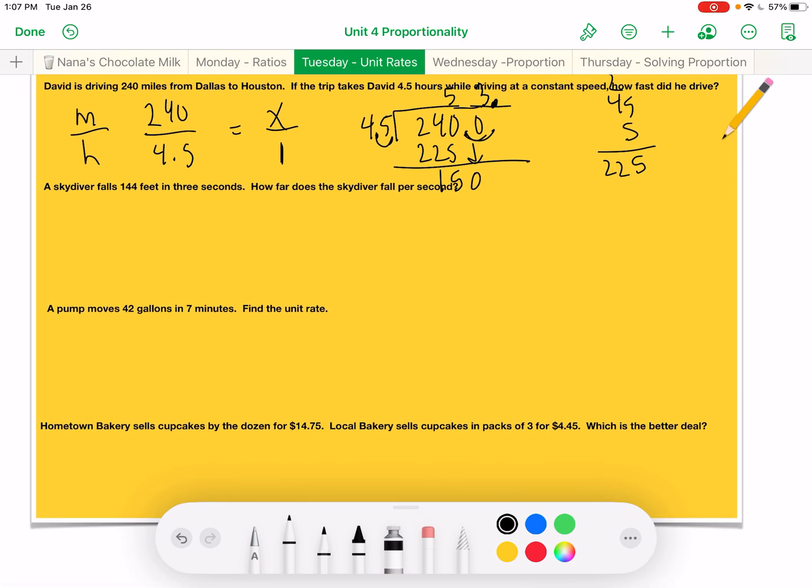That would be 45 times 3 is 135. You subtract again, we have 15, and there's going to be a repeating pattern here. Okay, so the question says, how many miles will he be able to go per hour? He will go 53.5 miles per hour.